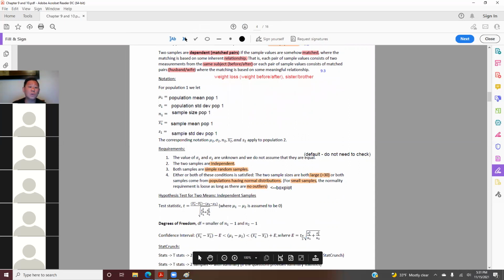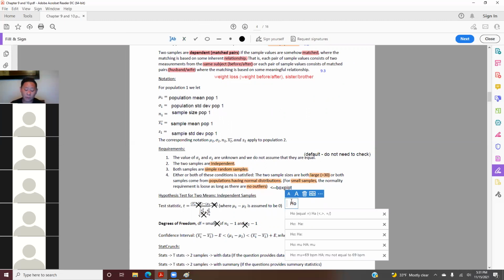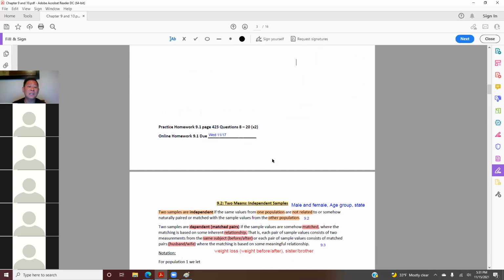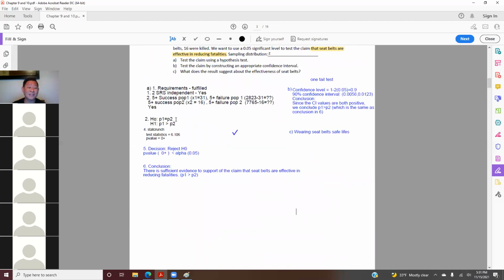Please don't use this formula. All this icky formula you see here, you do not need to worry about it. The formulas you see here are not important. What is important, class, is how we write your hypothesis statements. Remember last time, how we wrote the hypothesis statement is we used p1 and p2, with equals for the null, and then less than, greater than, or not equals to for the alternative.